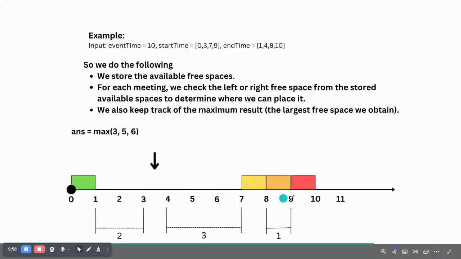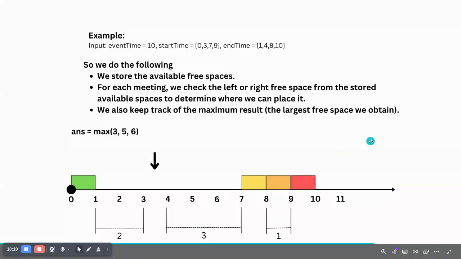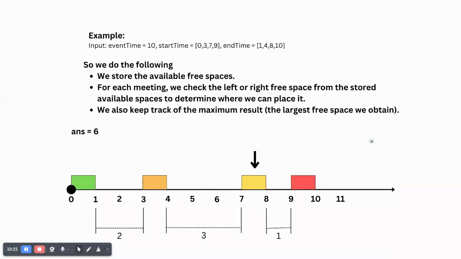And we've talked about how to do that: we have to pick every free space from the right, pick every free space from the left, and see if we can place it in any position. And in this case, we can place it at 8, and we do the same thing for all of them, keeping track of the maximum. This is how we're going to do it.